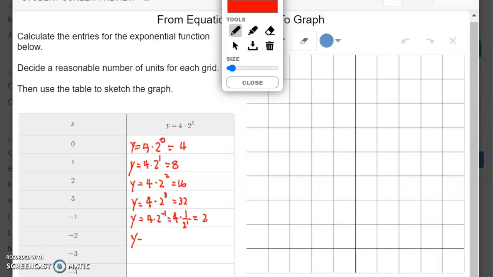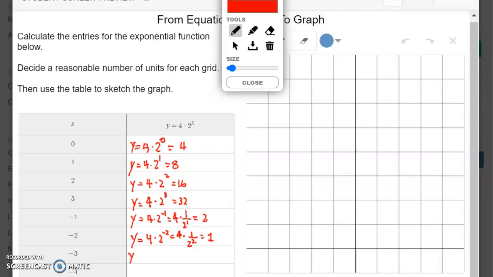What about when x is equal to -2? That is going to be 4 times 2 to the -2, which is 1 over 2 squared, the same as a quarter. 2 squared is 4, so 1/4 times 4 is going to be 1.